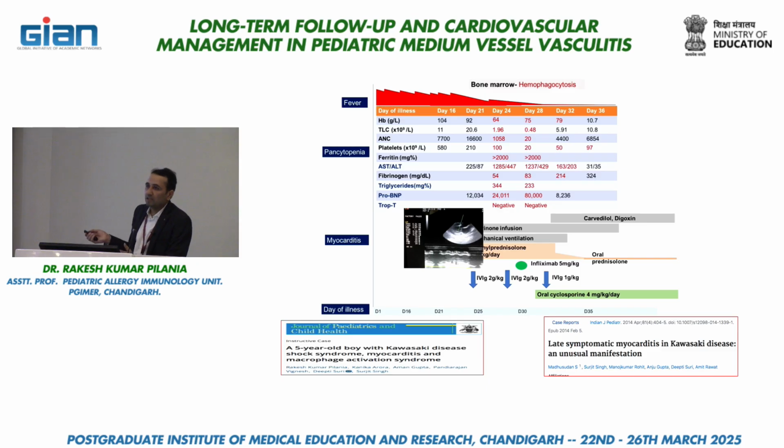This is a similar child whom we managed in an ICU setting, and this child remained almost a month in ICU and required several therapies, developing significant myocardial collapse, with ejection fraction less than 20%, and the pro-BNPs were more than 1 lakh.